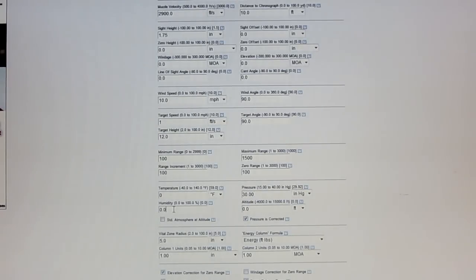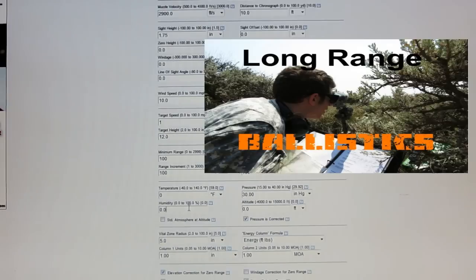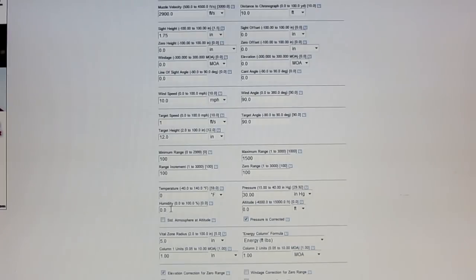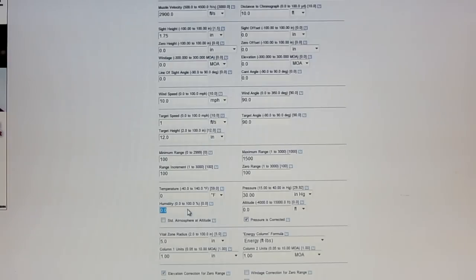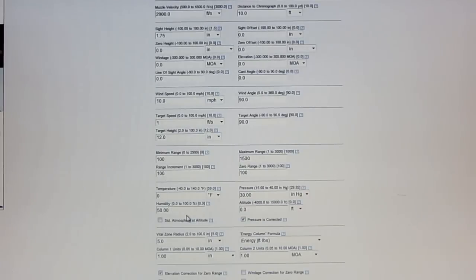It's not like the 23-10 or a lot of the sniper manuals read. It's not that much of an adjustment. They say that it's quite a bit more than it really is. But when you figure out the actual math here, you could type in pretty much any humidity and it would hardly tweak your ballistic drop at all. But for the sake of being as close as we can, we're just going to go ahead and put 50 in there, which is what a lot of guys do.